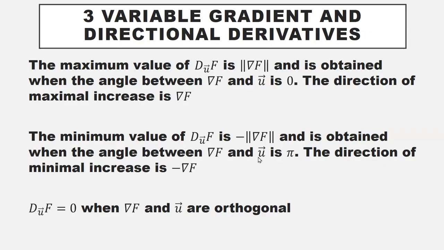And that means essentially they're going in opposite directions. So the direction of minimal increase is the opposite direction of the gradient. And we get the directional derivative of f in the direction of u to be 0 whenever the gradient and u are orthogonal.